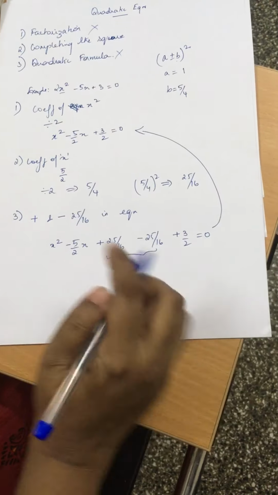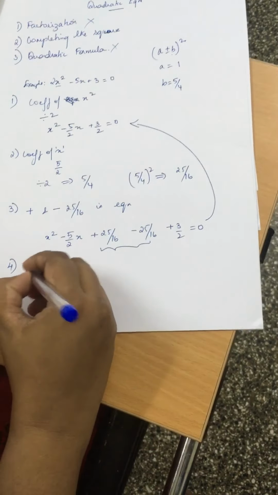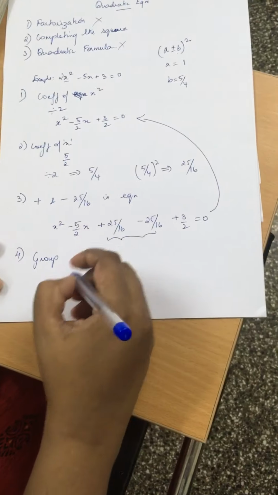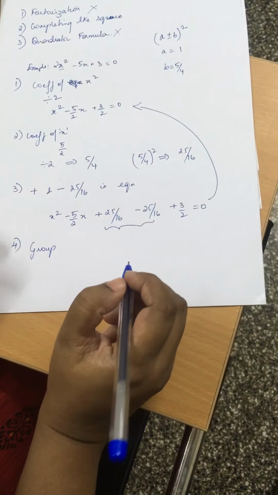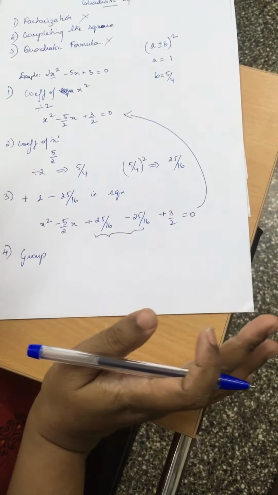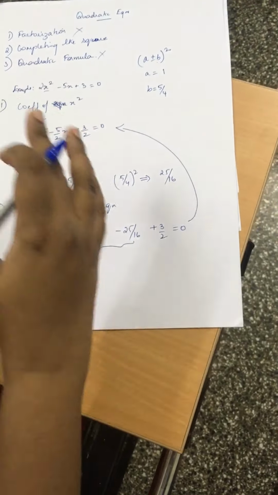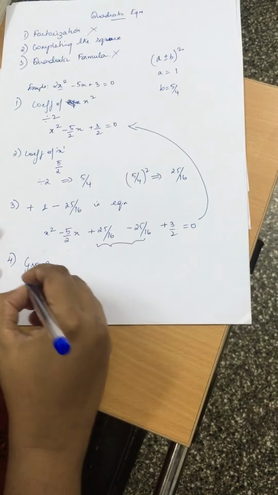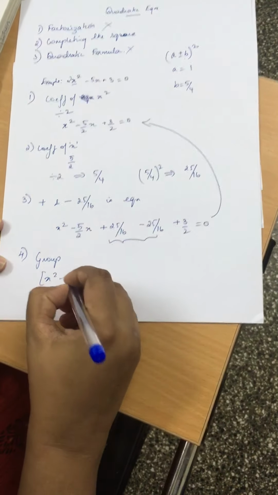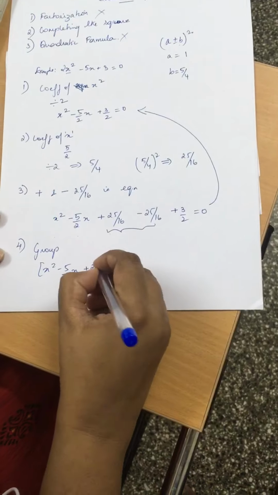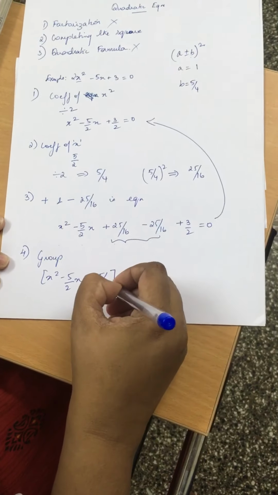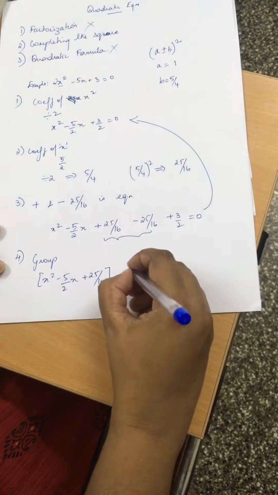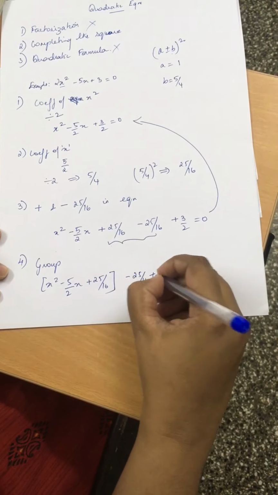Now the fourth step would be to group them, and that is pretty easy. Just remember, since you are doing it according to the plus sign first and the minus sign next, just group 1, 2 and 3, these three together, and let the other numbers be as such.